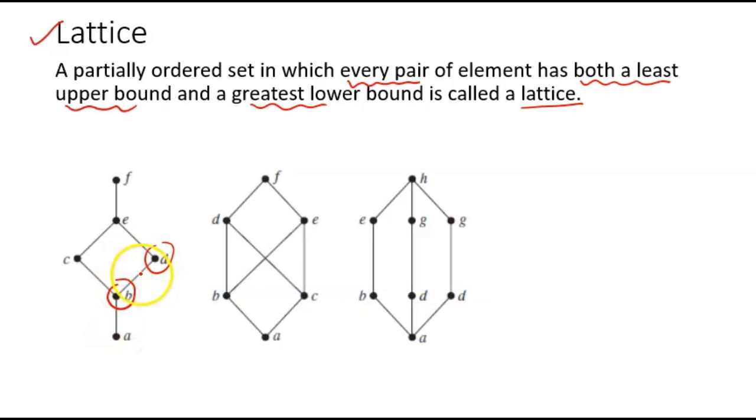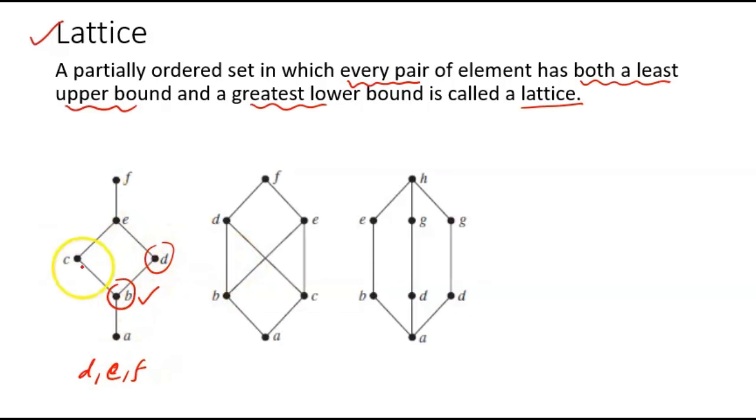A and B will be the lower bounds of this pair of elements. And what will be the greatest lower bound? The greatest lower bound will be B. And what will be the upper bounds of B and D? The upper bounds of B and D will be D, E and F. And what will be the least upper bound? The least upper bound will be D.